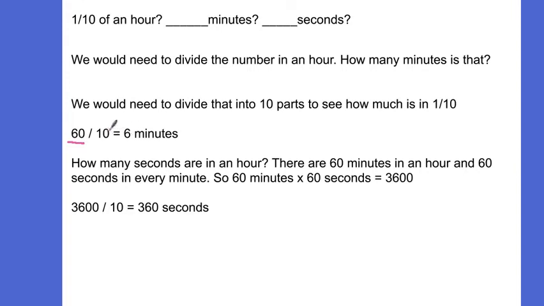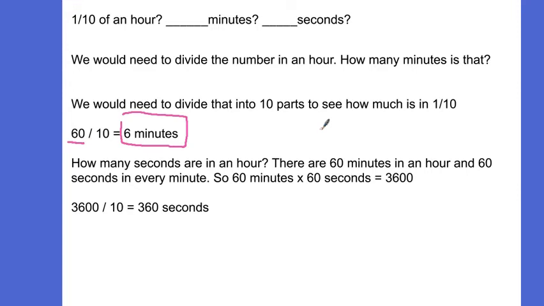Because I wanted to divide 60 into 10 parts, and then I will know how much is in 1/10. So 1/10 is 6 minutes because 10 times 6 is 60. Okay, so 6 minutes that we can burn 100 calories.